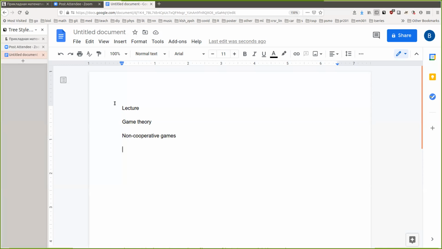So when we study optimal solutions, we have one function, some constraints, and we maximize it. And now we have many functions because each player has his own function, and we have many functions to maximize simultaneously.